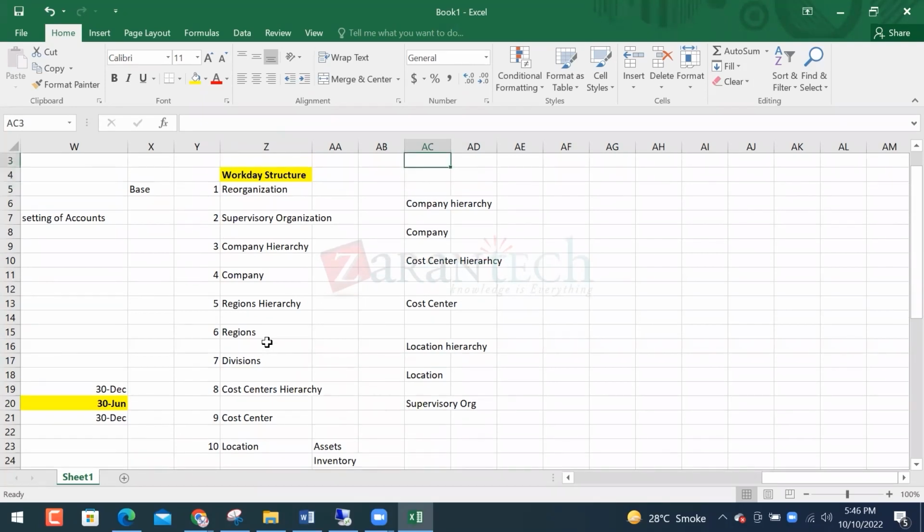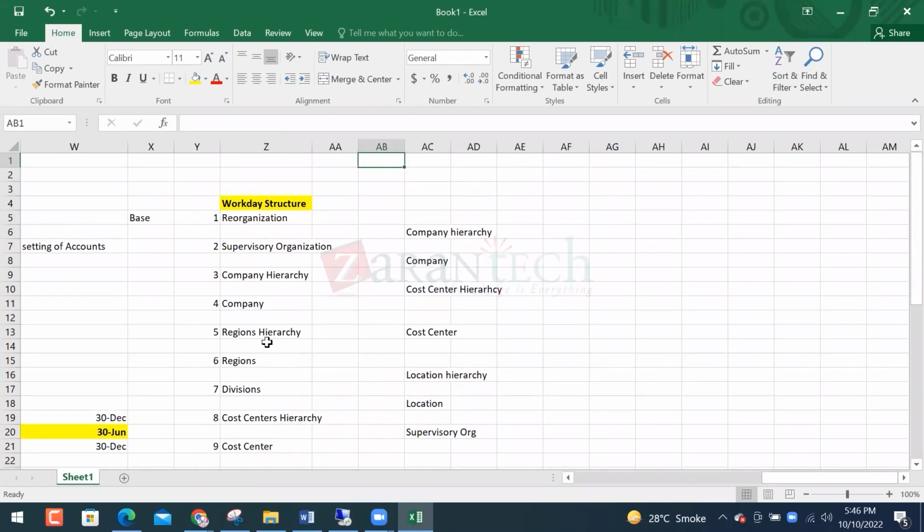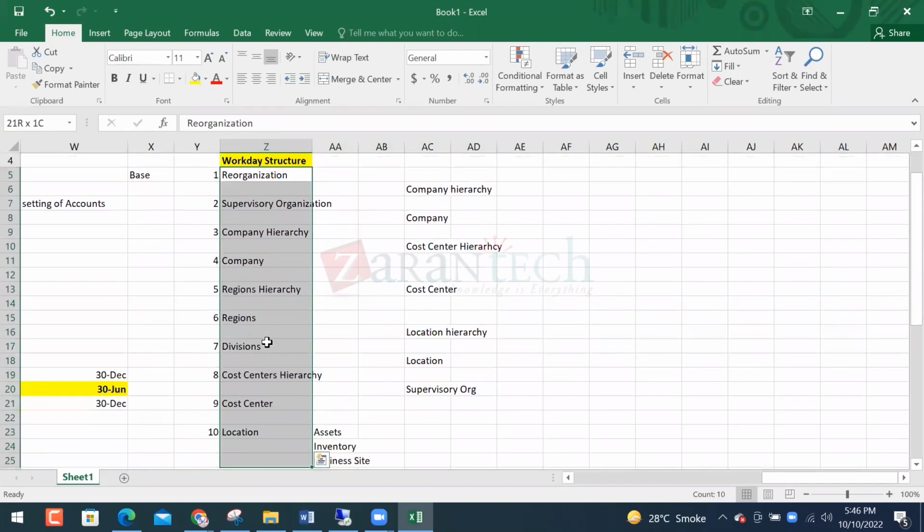Meaning that if the business requires, then I can define it. Otherwise, it is not mandatory. That is matrix organization, which you might learn in HCM, and then custom organization. These are the optional ones, but majorly most of them are mandatory.